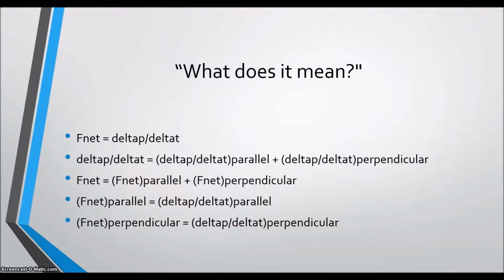So Fnet is equal to delta p over delta t, and delta p over delta t equals dp/dt parallel plus dp/dt perpendicular, and Fnet goes into Fnet parallel plus Fnet perpendicular. We can make them equal to each other so that the components are equal to each other. So dp/dt parallel is equal to Fnet parallel, and dp/dt perpendicular is equal to Fnet perpendicular.